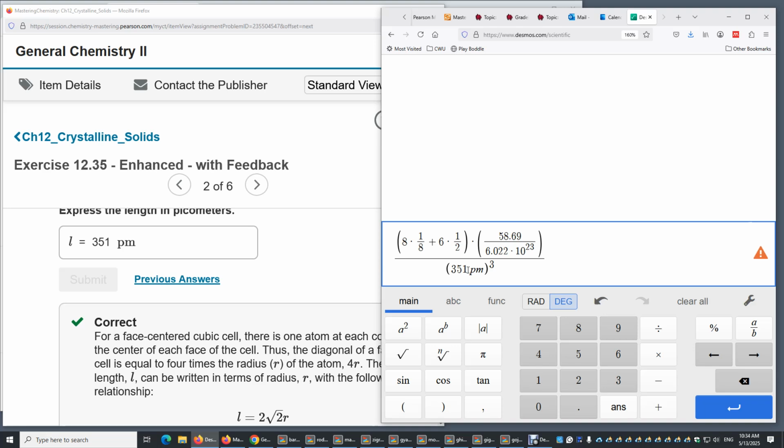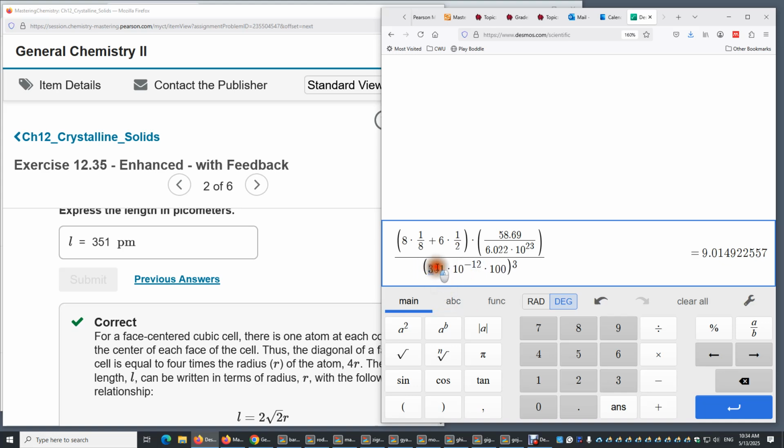Over here we need to convert picometers to centimeters. 1 picometer is 10 to the power of negative 12 meters. We're not done yet, because 1 meter is 100 centimeters.